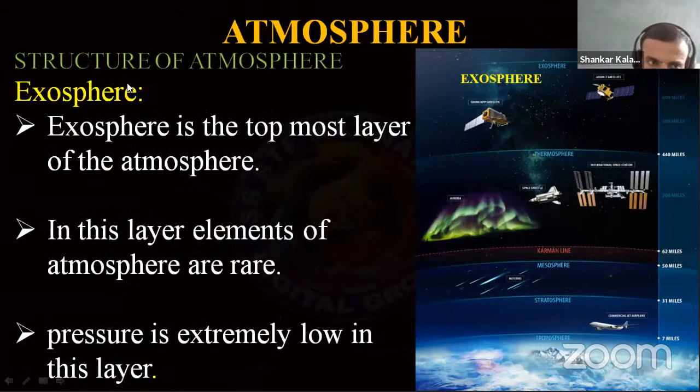The fifth one is the exosphere. Exosphere is the topmost or outer layer of the atmosphere. The inner layer is the troposphere, and the outer layer is the exosphere. In this layer, elements of the atmosphere are rare.